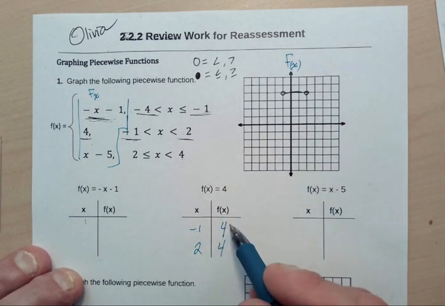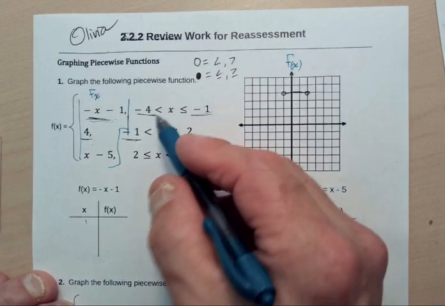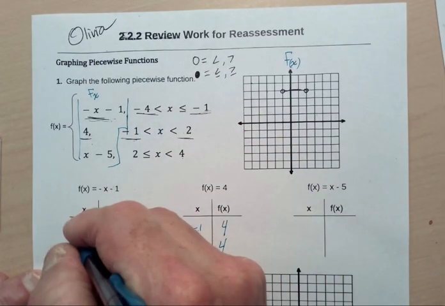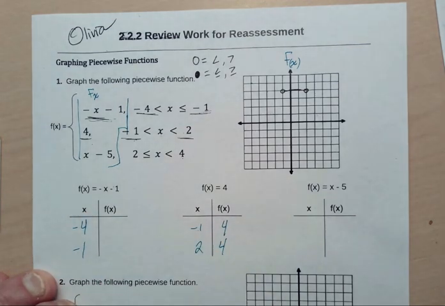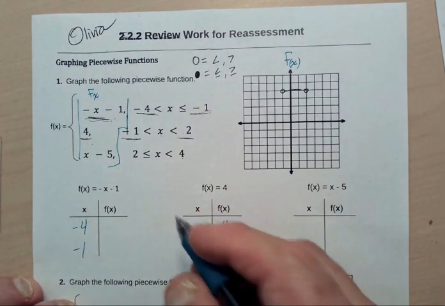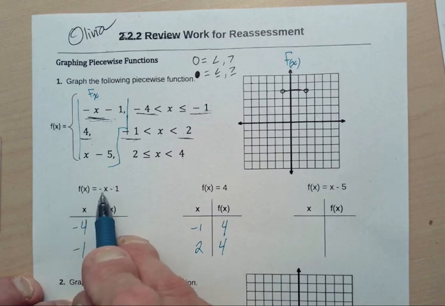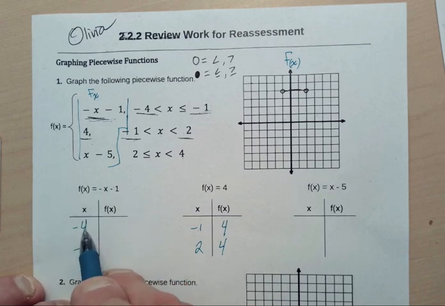Right? So for the first one, the two x values are just -4 and -1. And then what is the function of x for when x is -4?